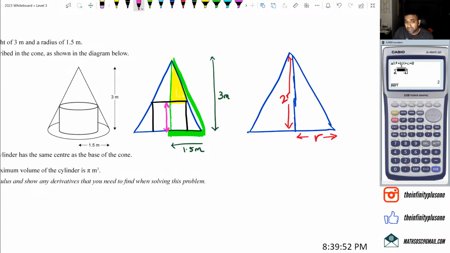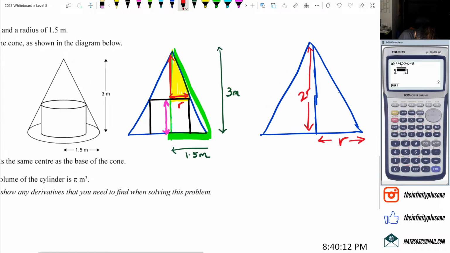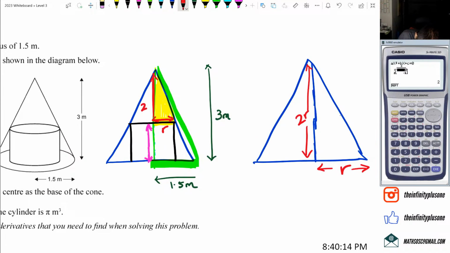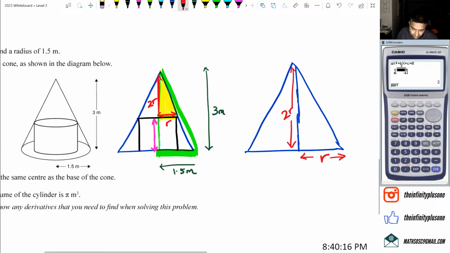That's the height of the cylinder. Now, if the entire length is 3, and if this is R, I'm going to put R here, from here to here. If this happens to be R, then this distance here is going to be 2R.